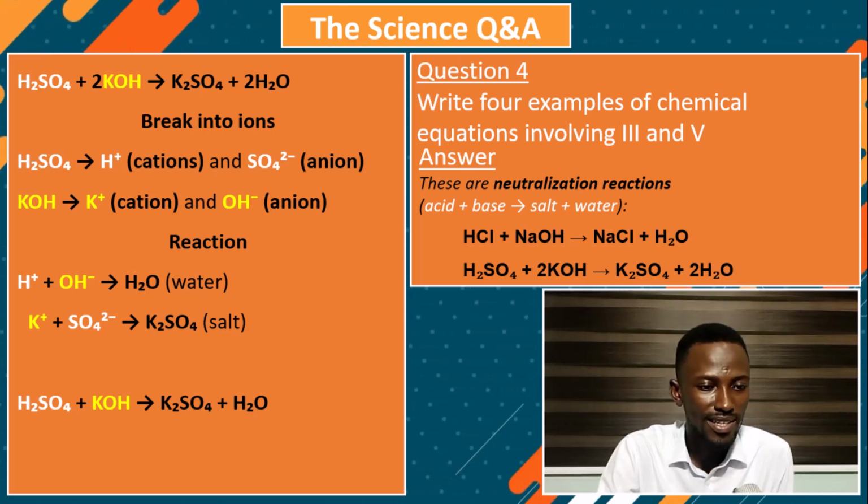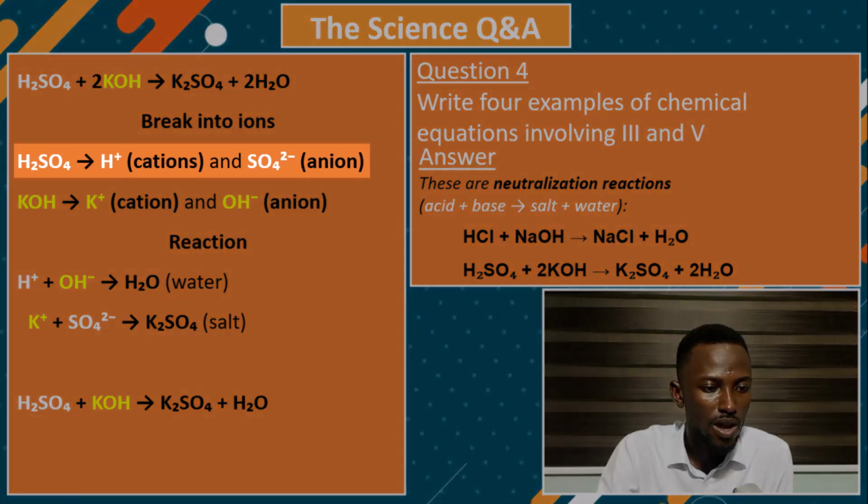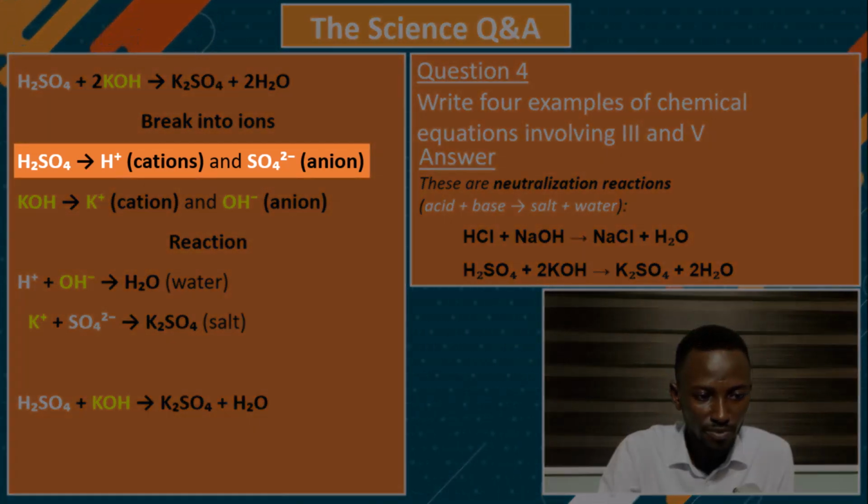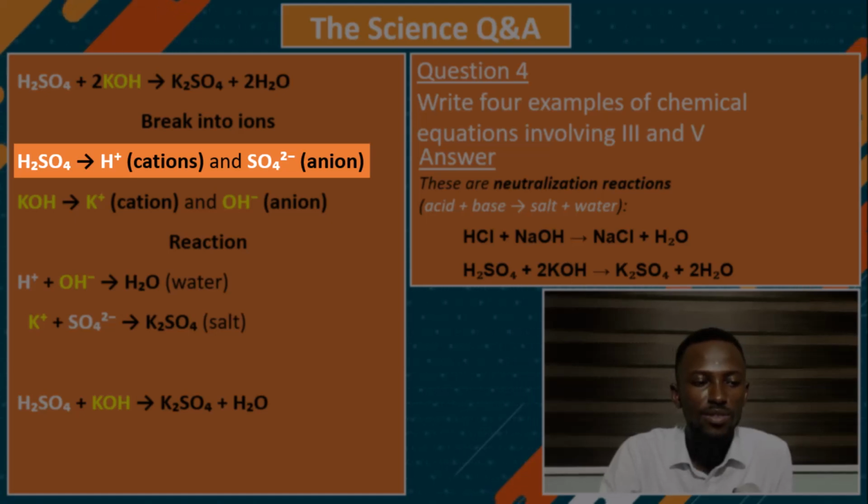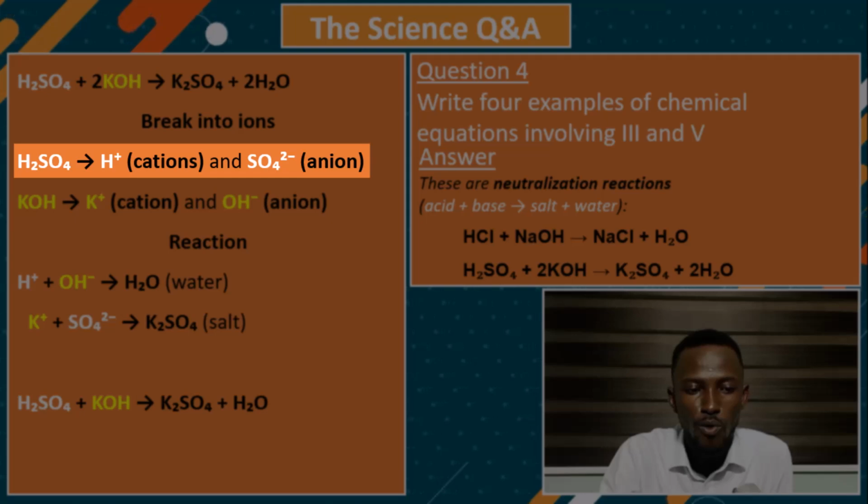So let's get started. Breaking the reactants into their respective ions. We have H2SO4. For the H2SO4, its ions are H plus and SO4 2 minus. The H plus is the cation, the SO4 2 minus is the anion.